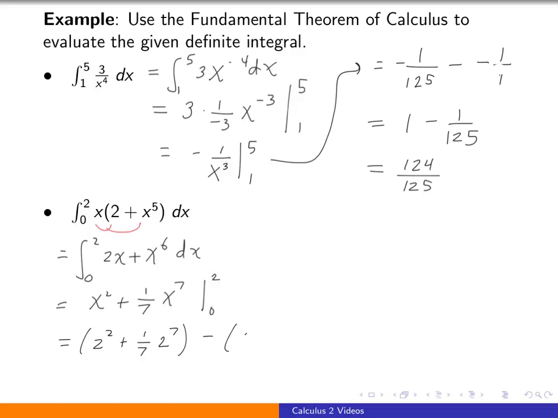And we subtract away what we get when we plug in 0. Now note when you plug in 0, you just get 0. So you actually don't even need to write that down. And we have 2 squared plus 128 over 7, which if we simplify that would become 156 over 7.